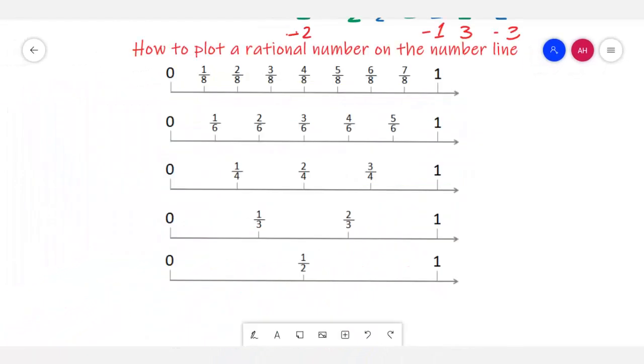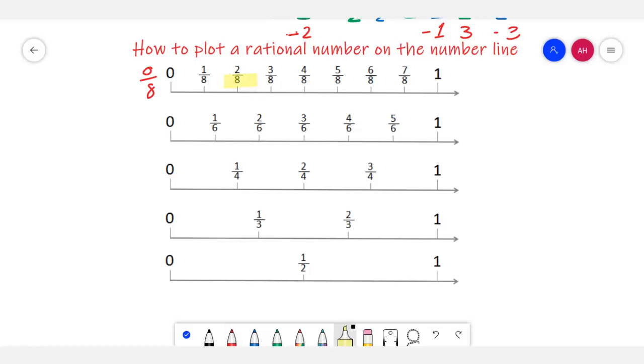The question now is, how can I plot a rational number on a number line? We know that a number line consists of integers, but how many rational numbers are there between each 2 integers? There is an infinite number of rational numbers between any 2 integers. For example, I know here that 0 is 0/8, since here I have a denominator of 8.